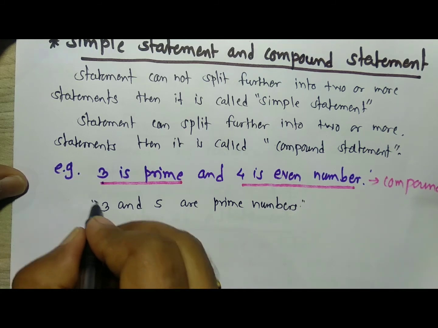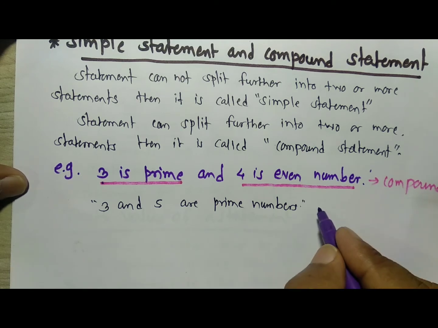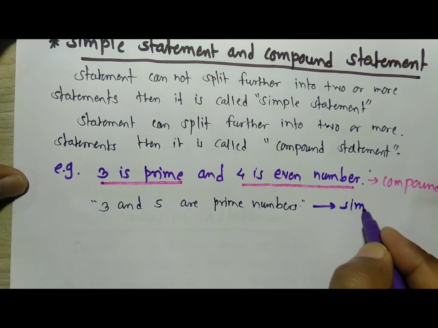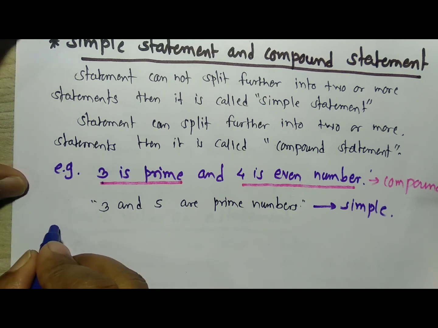This statement is not divided further into two different statements, and therefore it is a simple statement. In compound statements, two or more simple statements are connected by logical connectives, and therefore our next point of consideration is logical connectives.